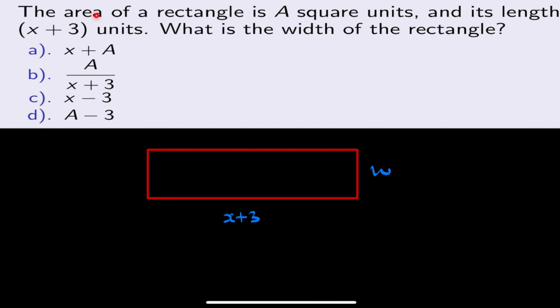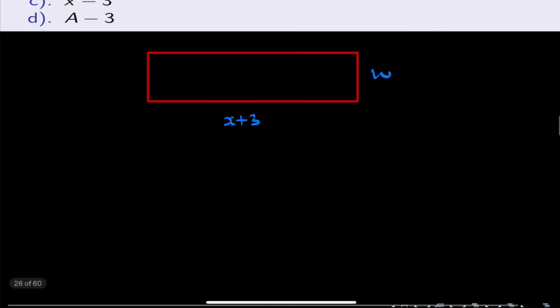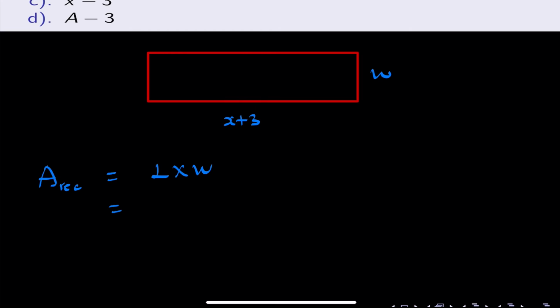Also, the area of this rectangle is being given as A squared units. So now let's find the width. And we all know how to find the area of a rectangle, right? So let's call it A of the rectangle. It's giving us the length times the width. And the width is giving us w, and the length is giving us x plus 3.